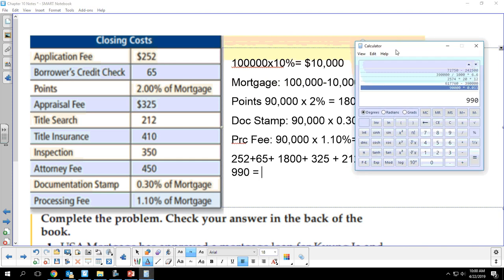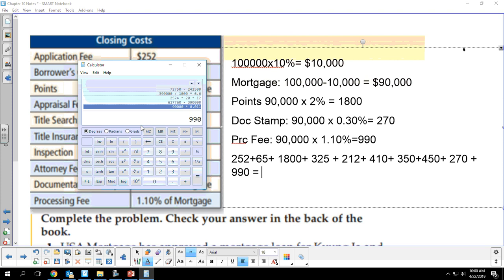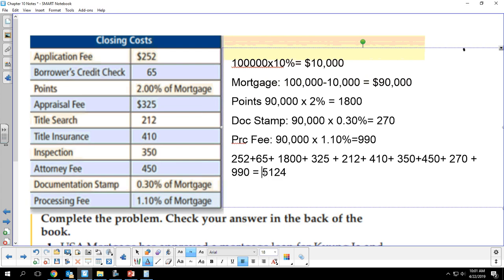And we're going to add all those together. $52, $65, $1,800, $325, $212, $410, $350, $450, $270, and $990. $5,124 is our closing costs total.